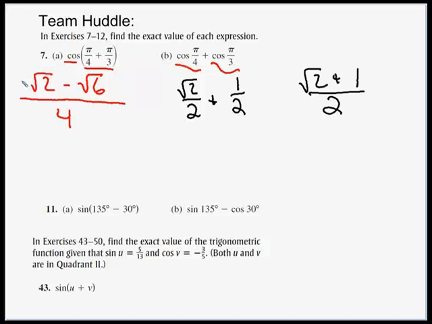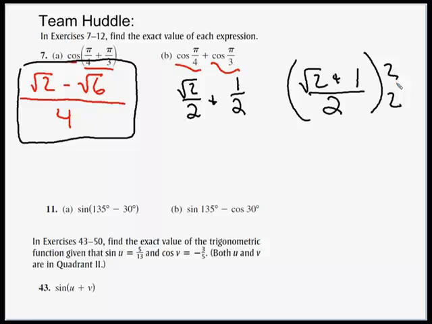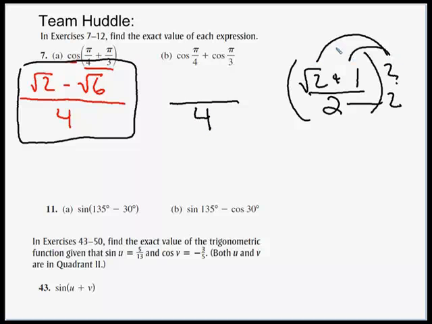And to make it a little more comparable to what we have here, let's multiply through by 2, numerator and denominator, so that our denominators match. So here the denominator will be 2 times 2 is 4. And if I distribute this 2, I'm going to get 2 roots of 2 plus 2.